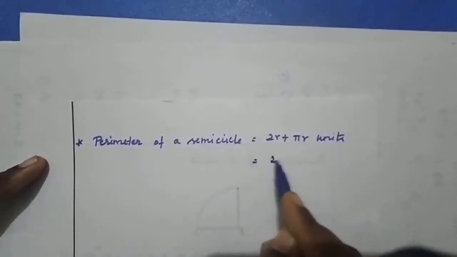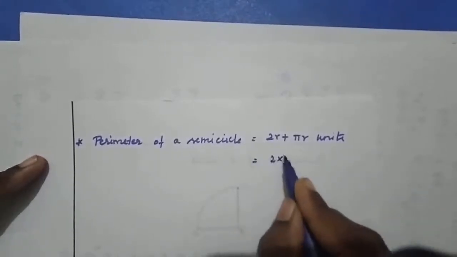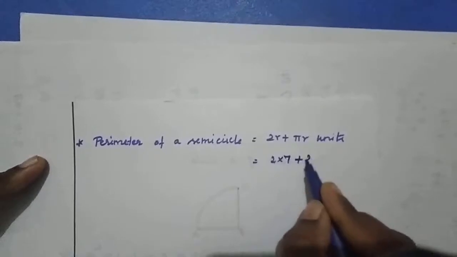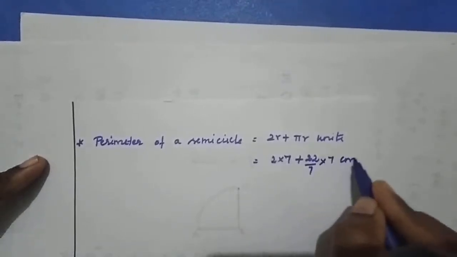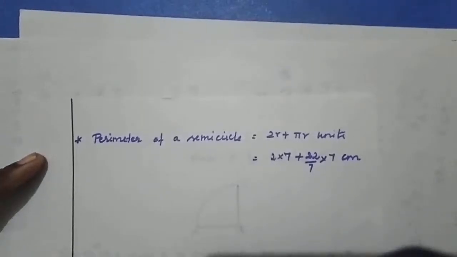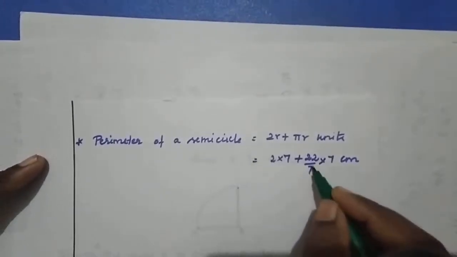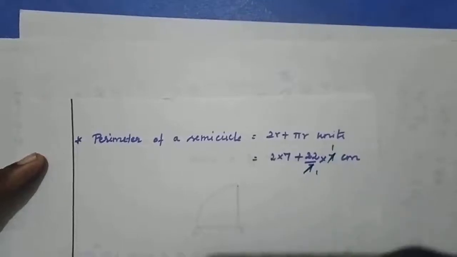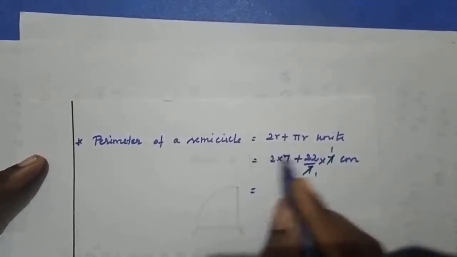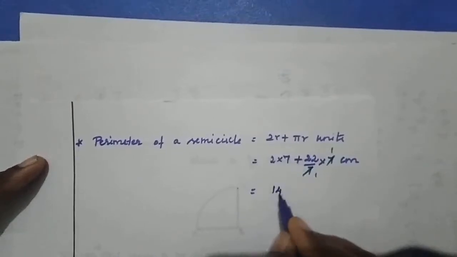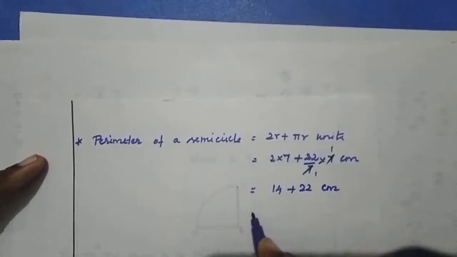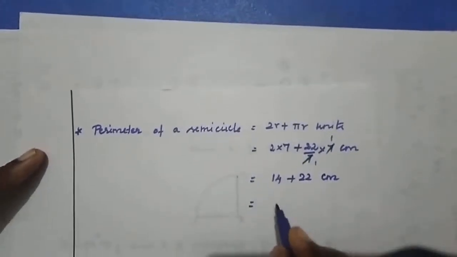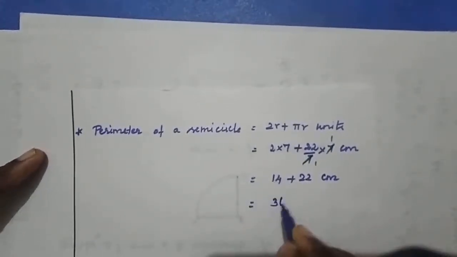So 2 into the value of r is 7 plus pi value is 22 by 7 into 7. Here the unit is centimeter. So now you can simplify this one. 1 7 is 7, 1 7 is 7. So here 2 7s are, yes, 14 plus 22 centimeter. What's the answer? Yes, that is 36 centimeter.